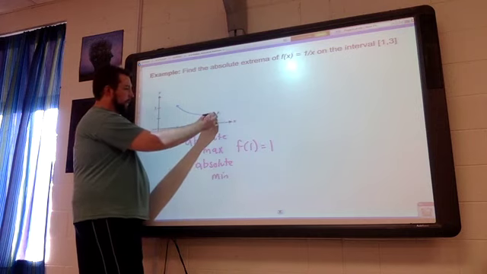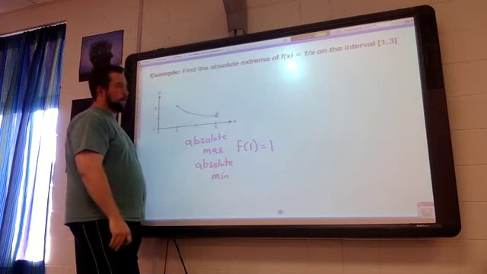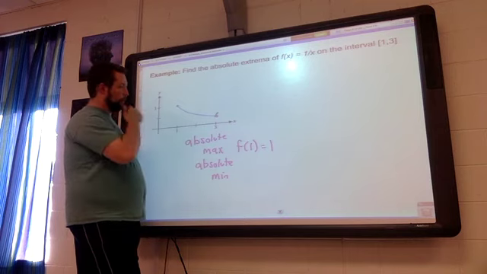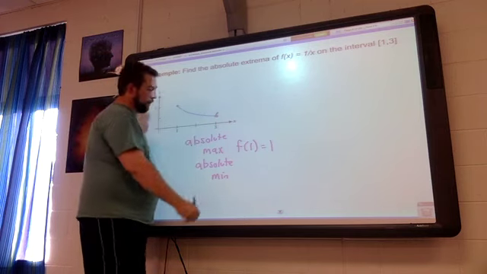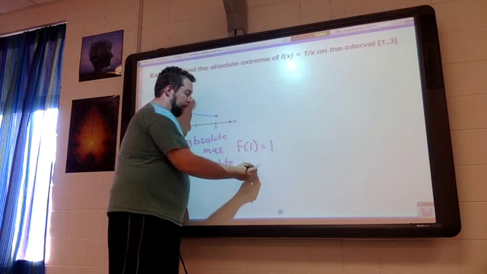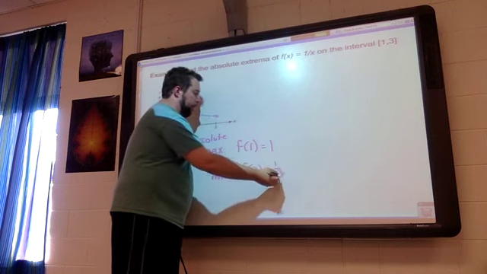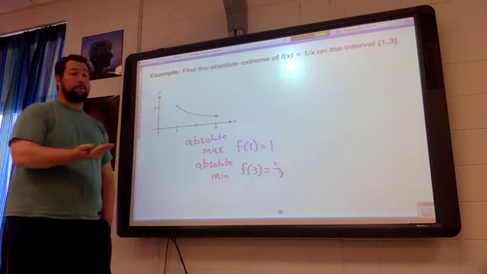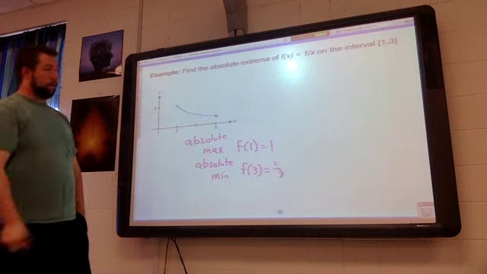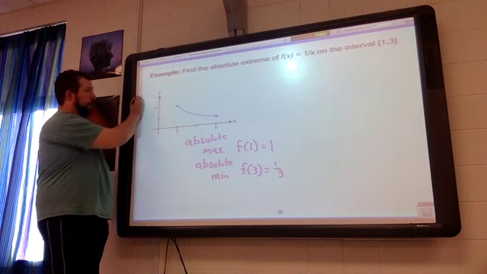That looks like it happens here at 3, at the very end of it. And if we plug that into our function, we know exactly where that is. Our absolute minimum, f of 3, is, in fact, 1 over 3. All you have to do is plug it in to 1 over x to figure out exactly that value.